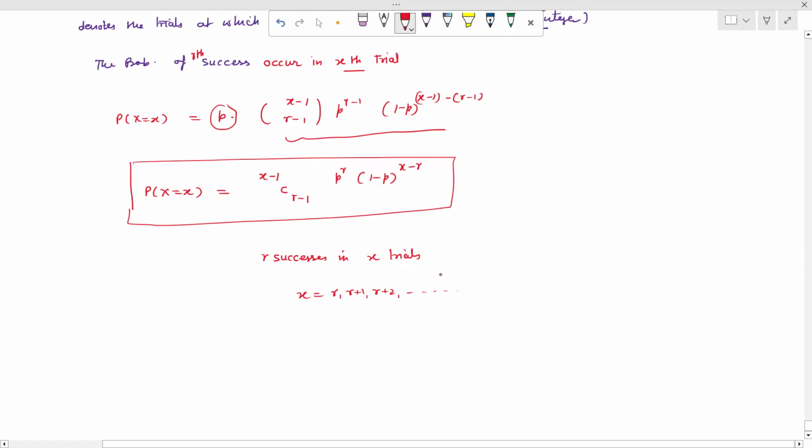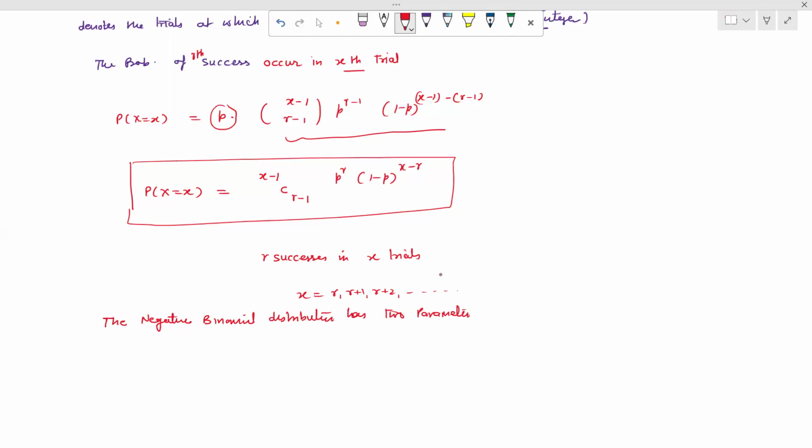Now the negative binomial distribution has two parameters, r and p.